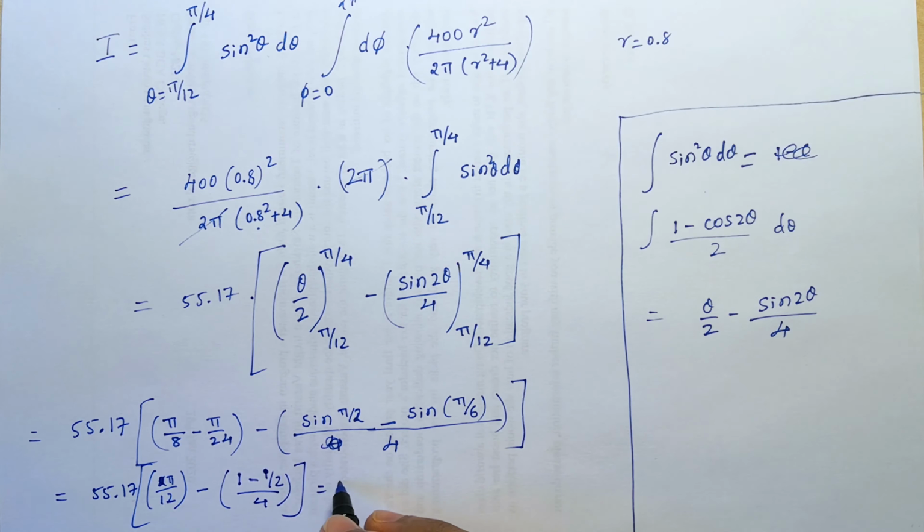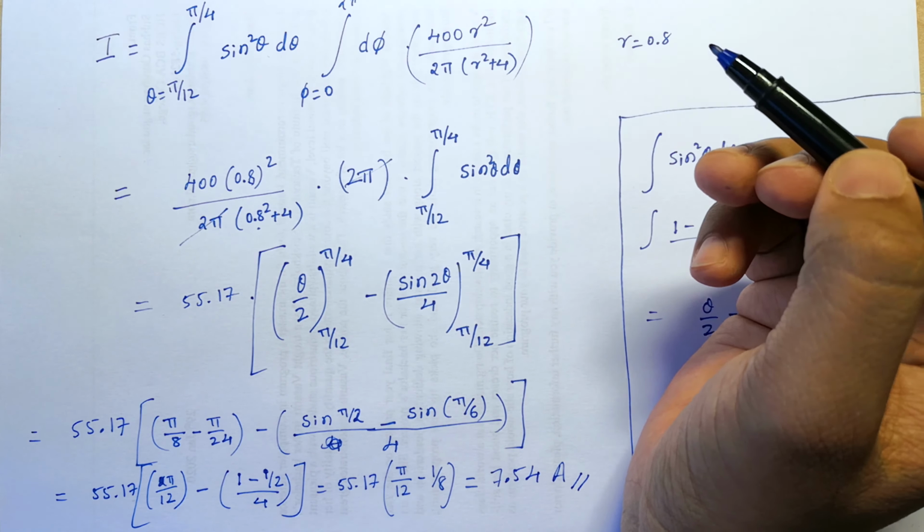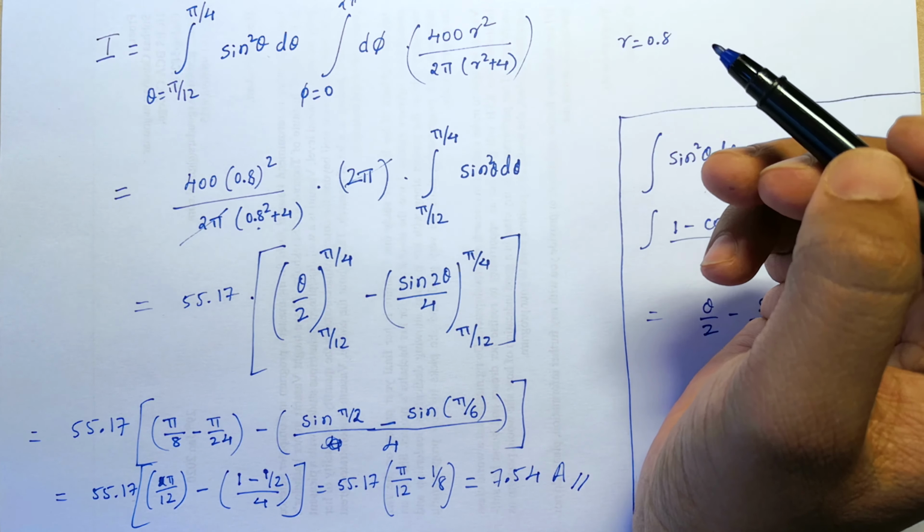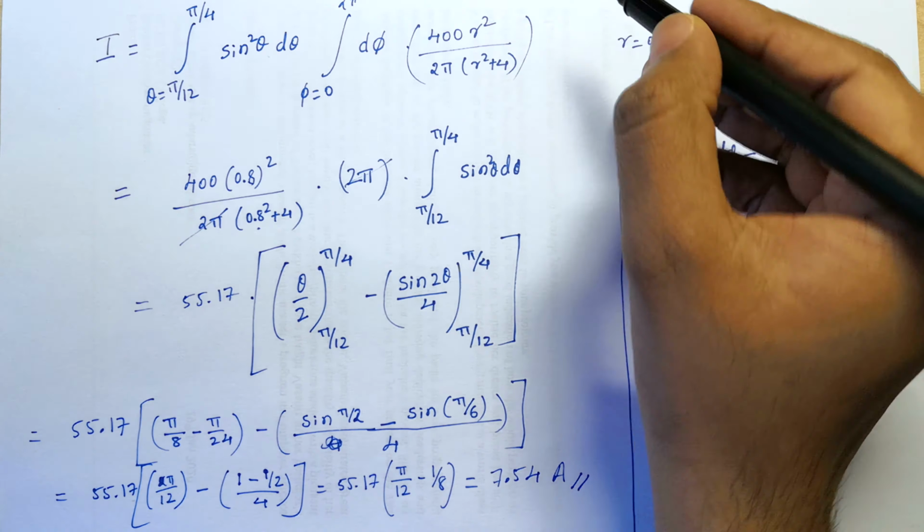So, this turns out to be 55.17 into pi by 12 minus 1 by 8, which turns out to be 7.54 amperes. So, the total current flowing through the portion of this spherical surface is 7.54 amperes.